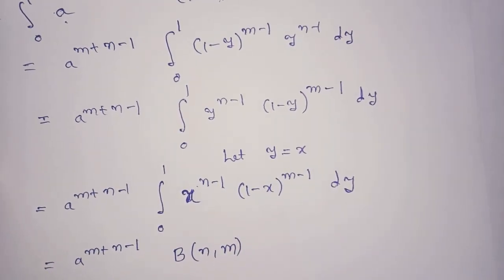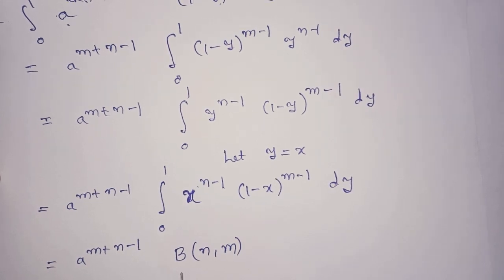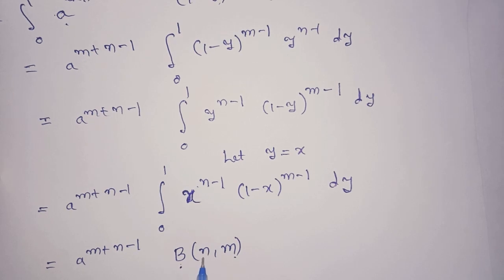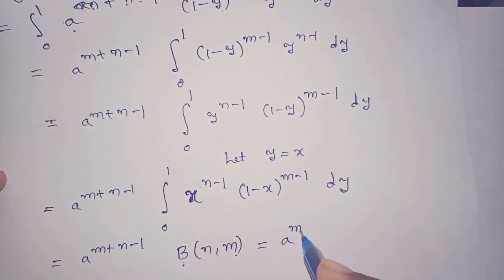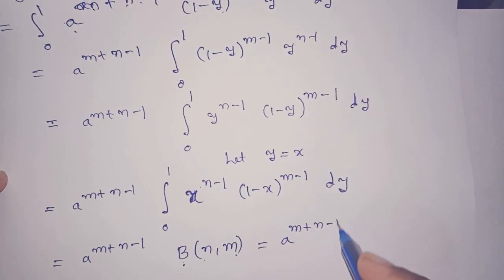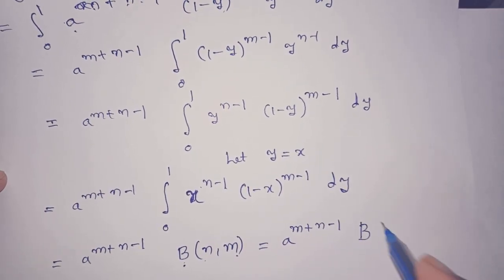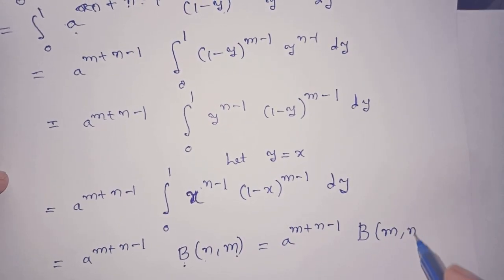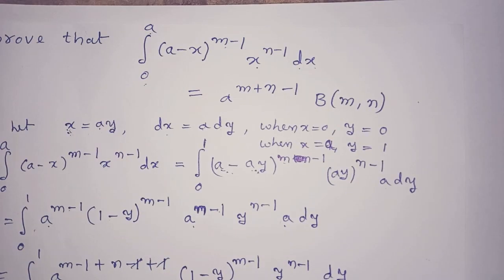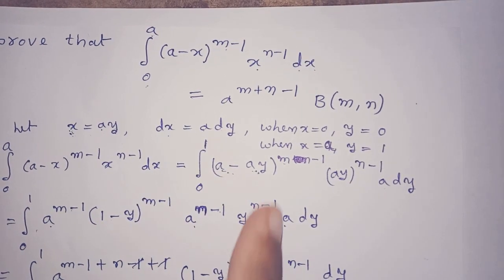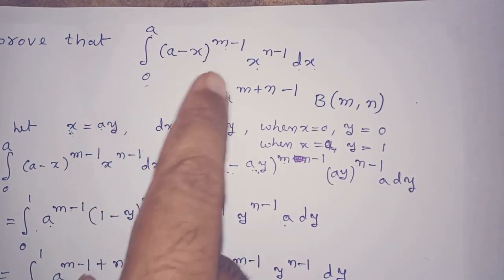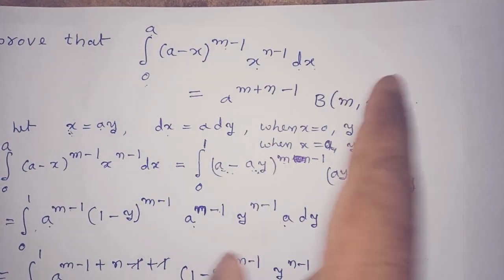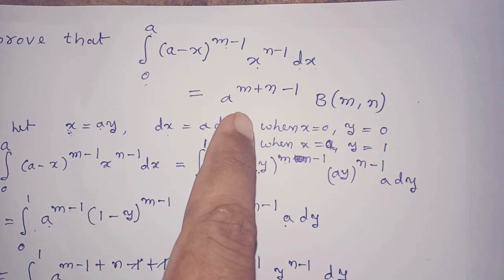But we know that by the symmetry property of the beta function, B of n, m is equal to B of m, n. Therefore a to the power of m plus n minus 1 into B of m, n. Therefore we have proved the result.